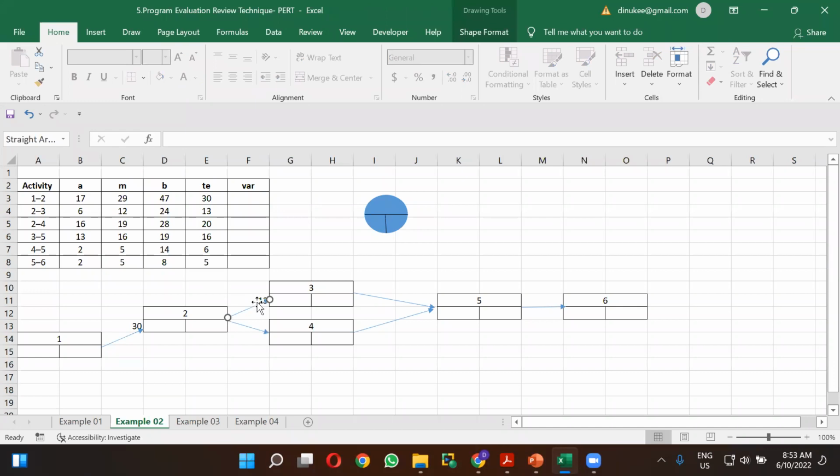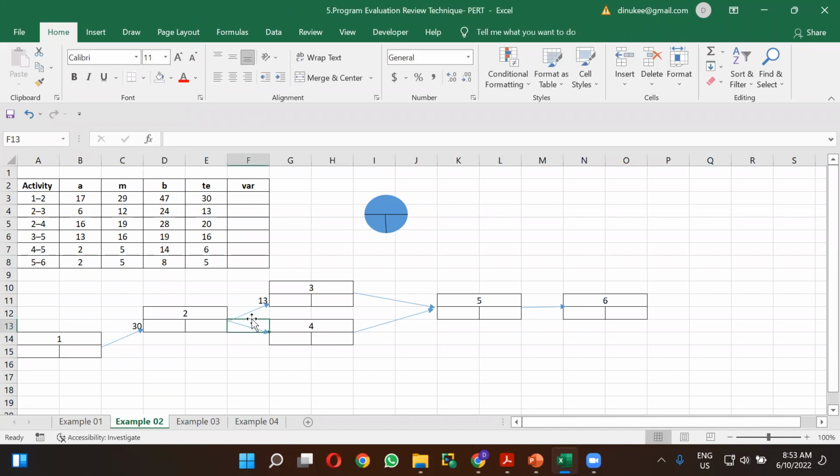Can you see this, right? I think you can see. And for the 2 to 4 activity, it will take 20.